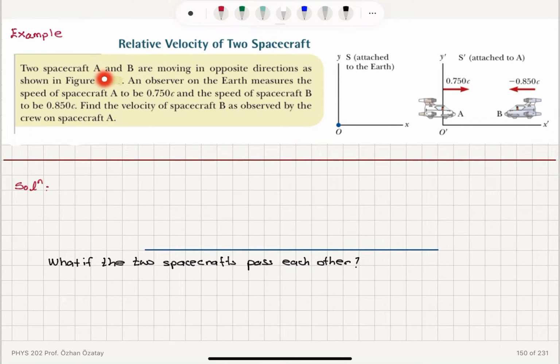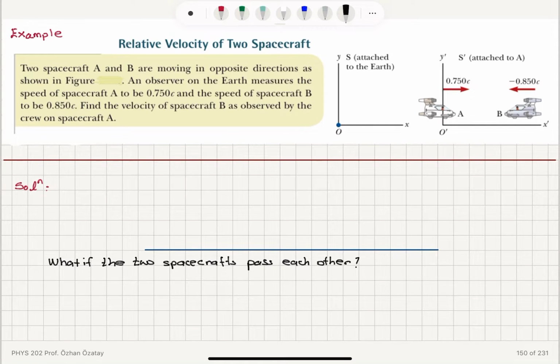Two spacecraft A and B are moving in opposite directions as shown in the figure. An observer on the Earth, with the S reference frame attached to the Earth, measures the speed of spacecraft A to be 0.75c and the speed of spacecraft B to be minus 0.85c. Find the velocity of spacecraft B as observed by the crew on spacecraft A. So A becomes my S prime reference frame, so the relative speed is 0.75c with respect to the S reference frame.